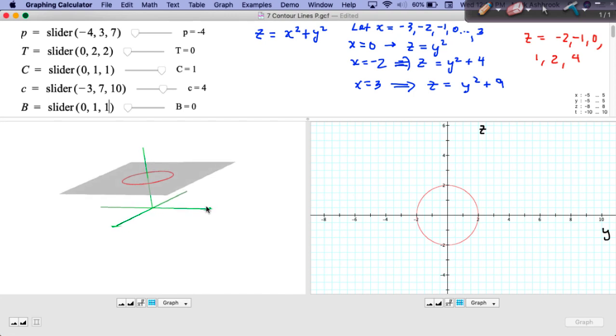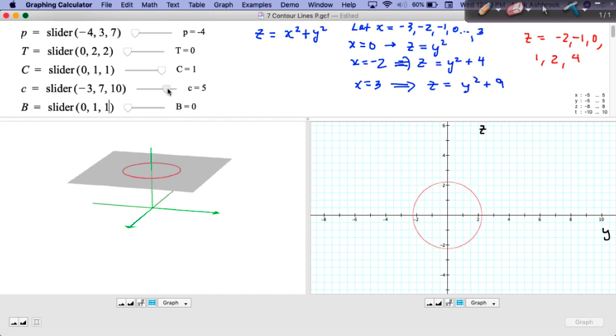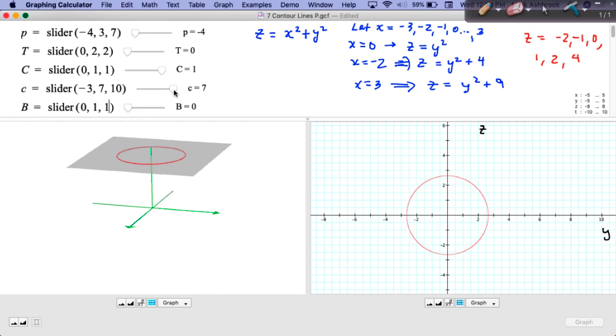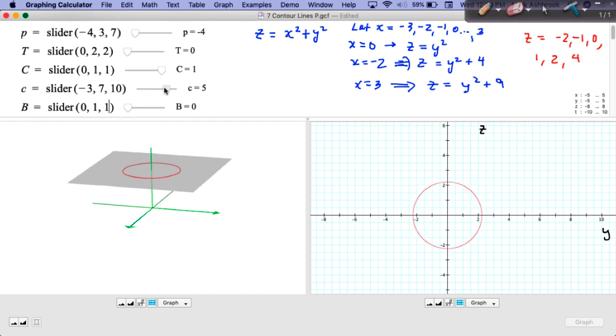All right, and so when the z value increases, what happens? The circle gets bigger, right? Here's z equals 5, with a radius of square root of 5. Z equals 6, square root of 6. There's z equals 7. And then what does z equals 0 give?